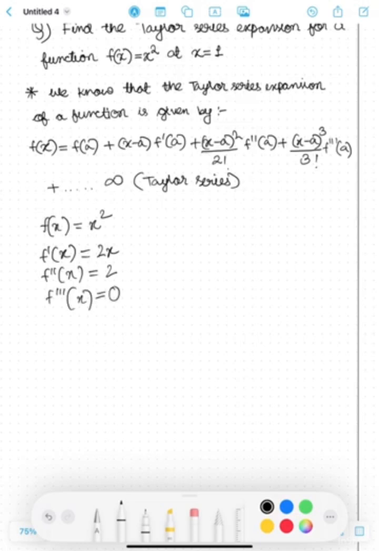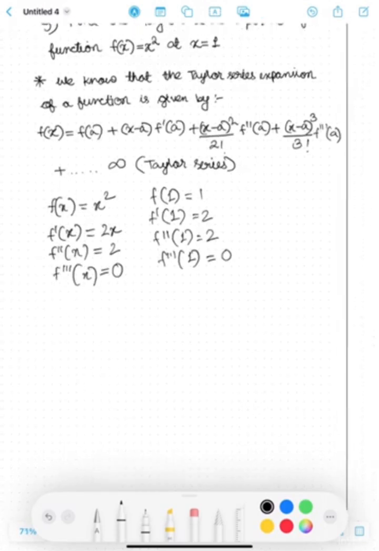Now instead of x, if we put 1, because x was equal to 1, f of 1 is equal to x squared, that is 1, f dash of 1 will be 2, f double dash of 1 will be 2 as well, f triple dash of 1 will be equal to 0.